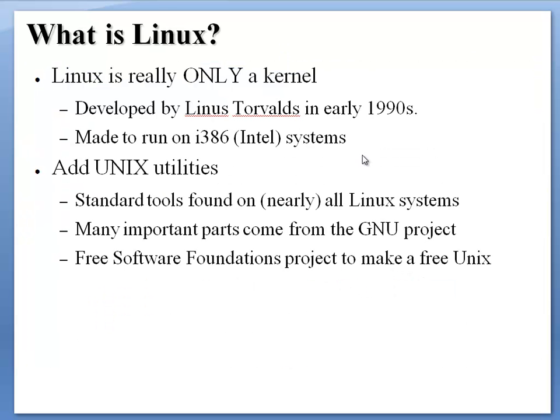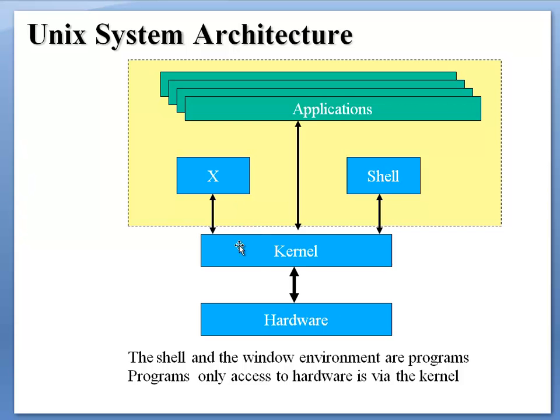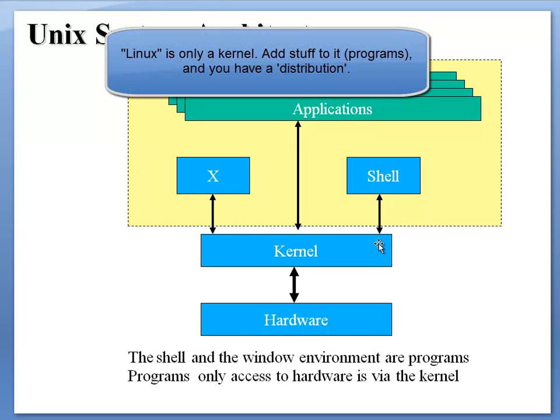So, what is Linux? We've been talking about Unix. Well, as it turns out, Linux is really only a kernel. It's just this right here. So when you talk about Linux, although people use the term Linux to refer to a distribution, and I'll explain that in a second, it's really only this right here.